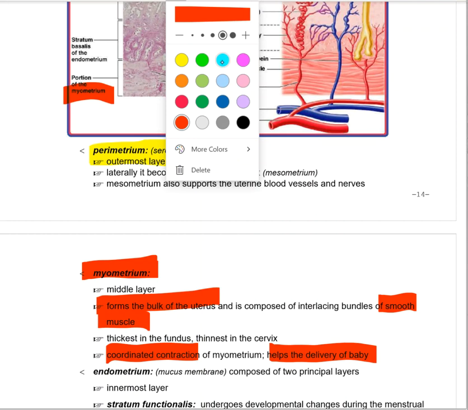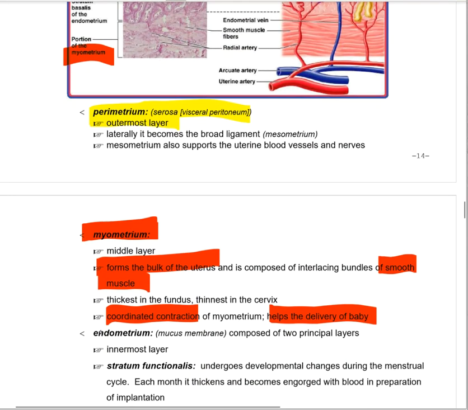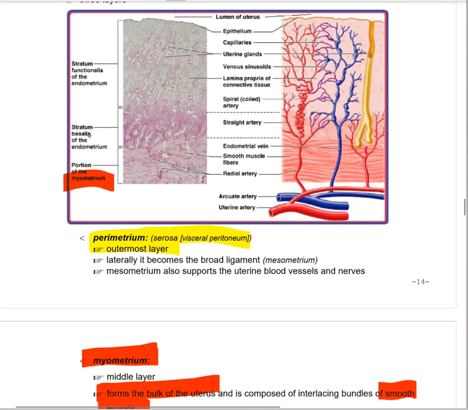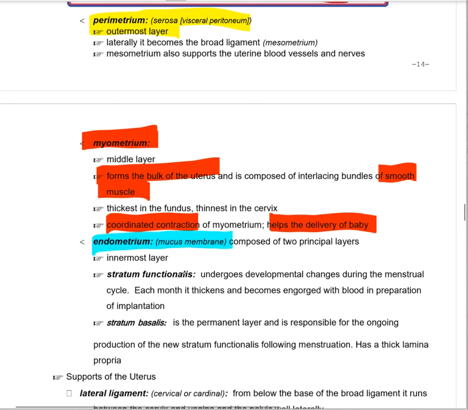And then we have endometrium, which is the mucous membrane, and there's 2 layers. There's a basal layer and a functional layer. So the stratum functionalis is the one that undergoes developmental changes during the menstrual cycle.